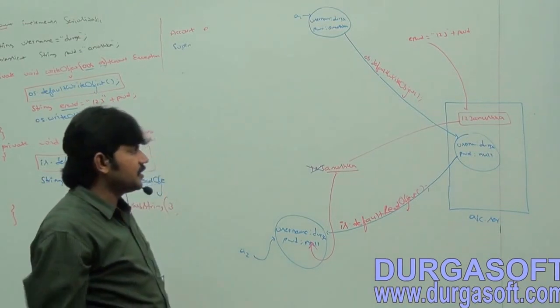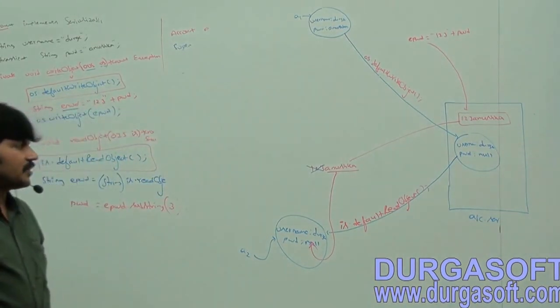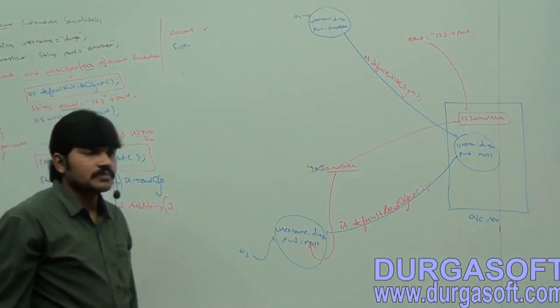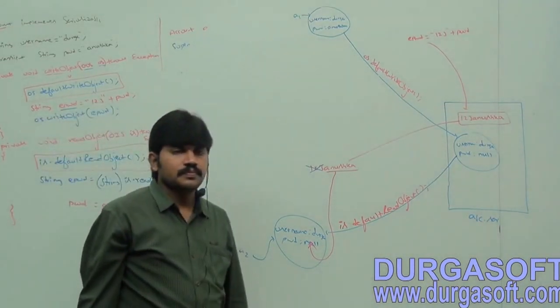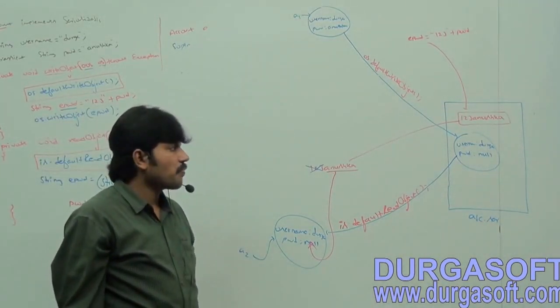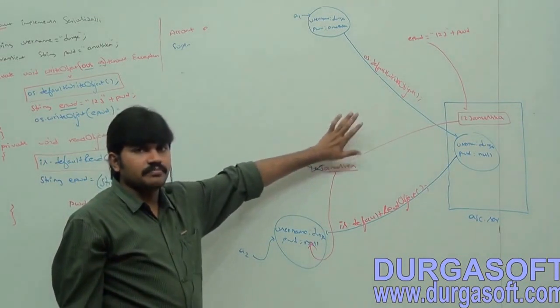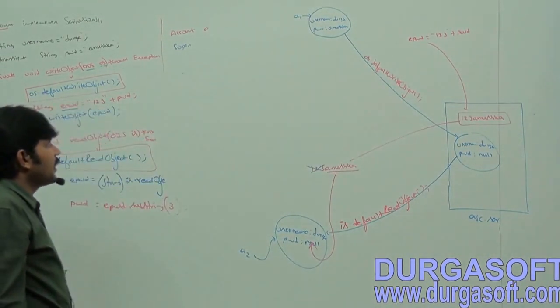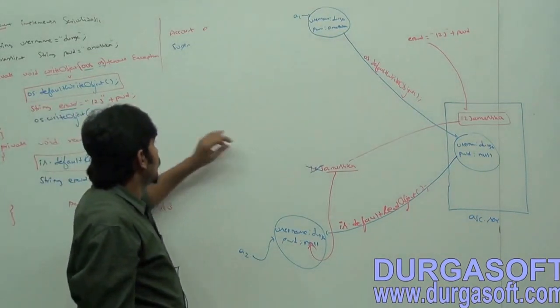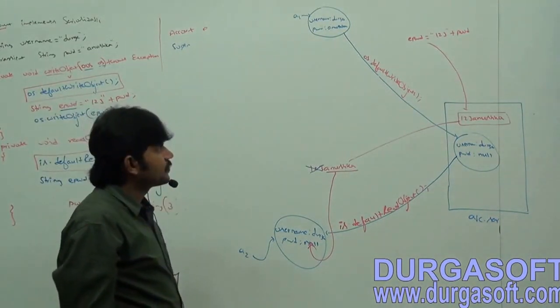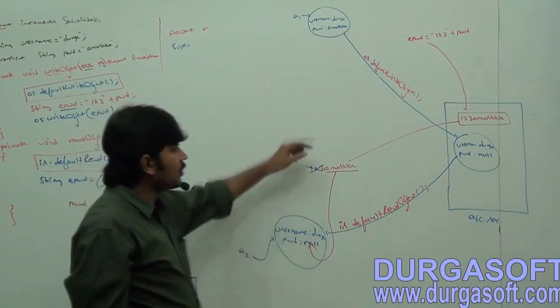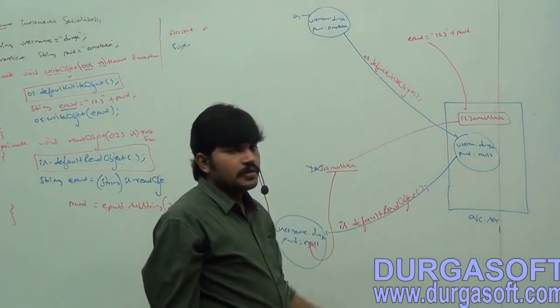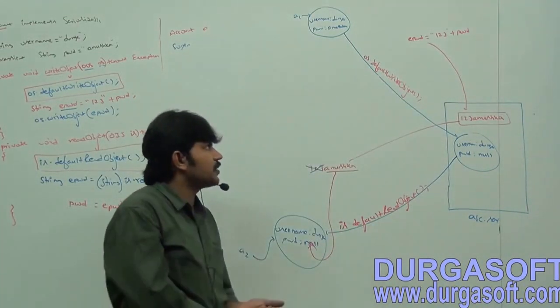Customized serialization, so nothing but this. Take this diagram clearly. A1 username Durga, password is Anushka. Next os.defaultWriteObject. ePassword is equal to 123 plus password.